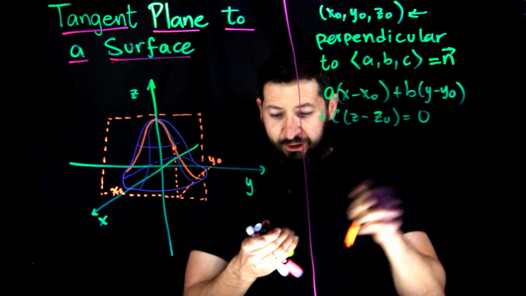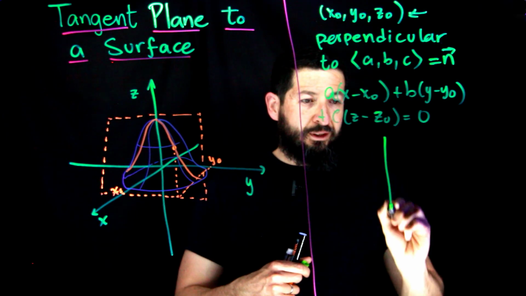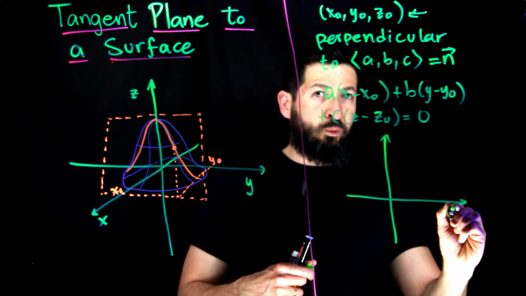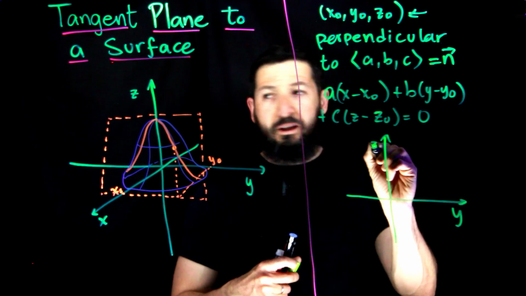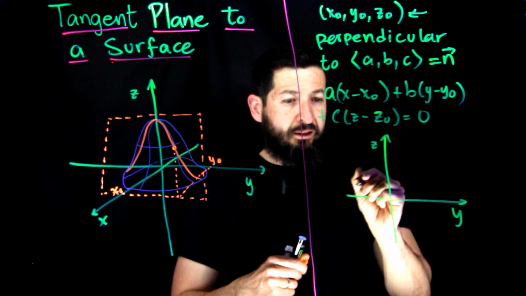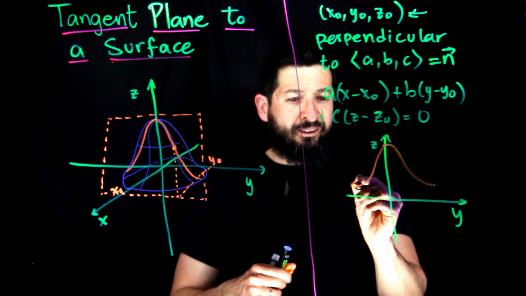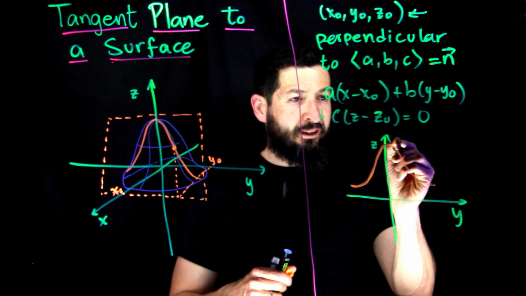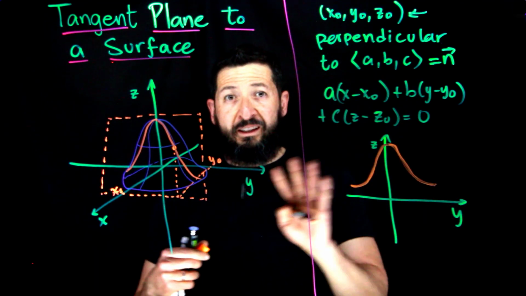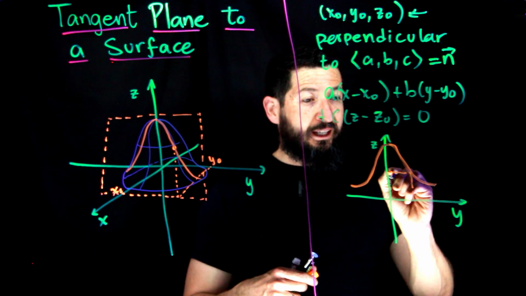So let's draw that over here in the plane x equals x naught. In that direction you just have your coordinates y and z, and you'll have a curve that looks sort of like this. It doesn't have to be exact, we're just trying to get an idea. Now x naught is fixed, but I do have y naught somewhere here and z naught here.